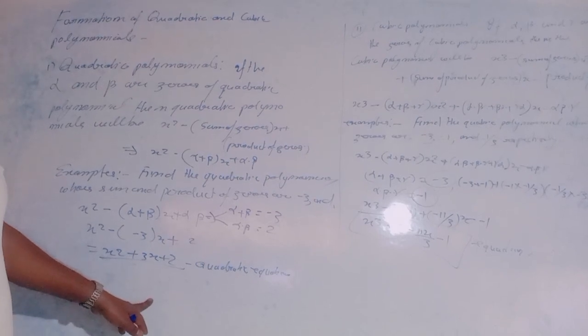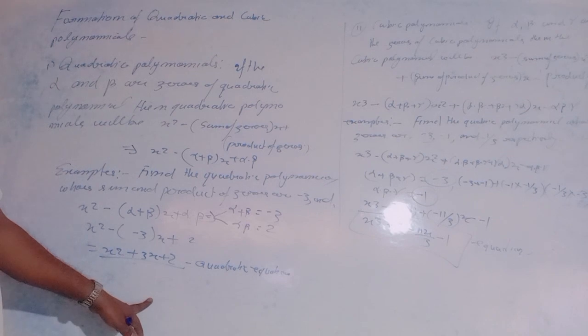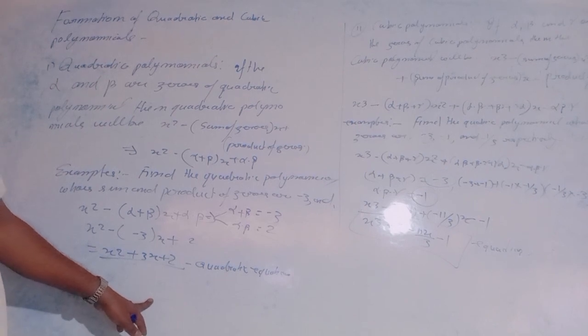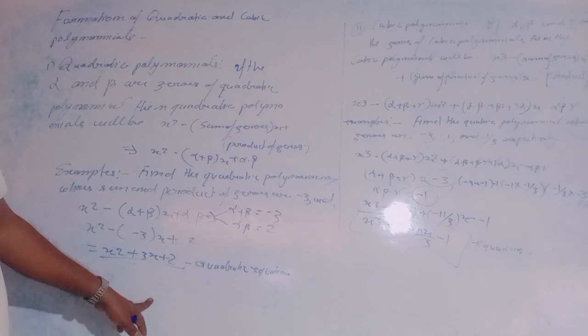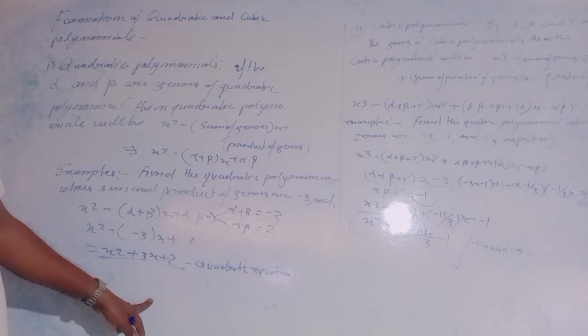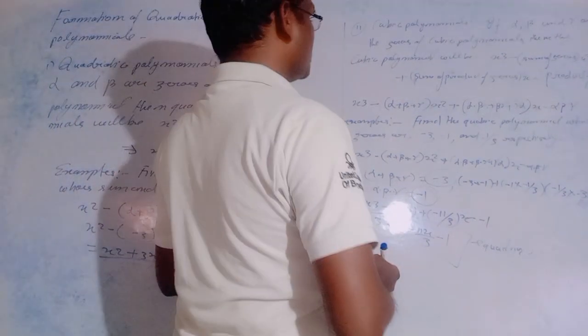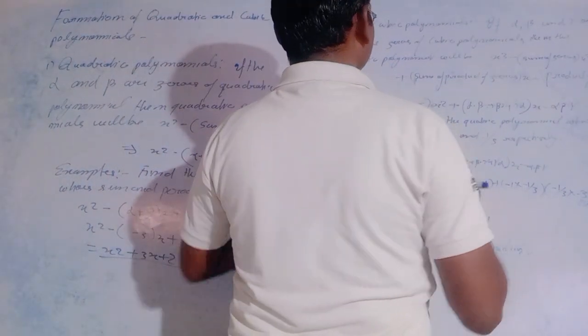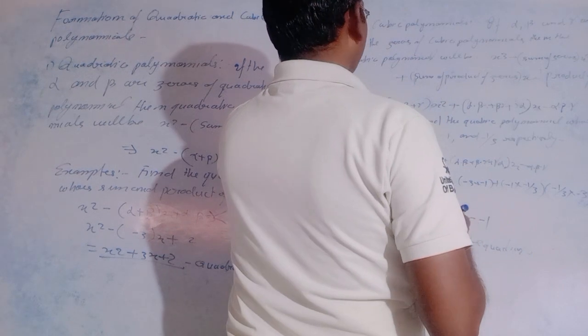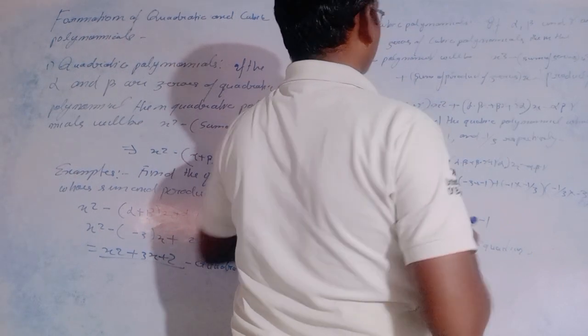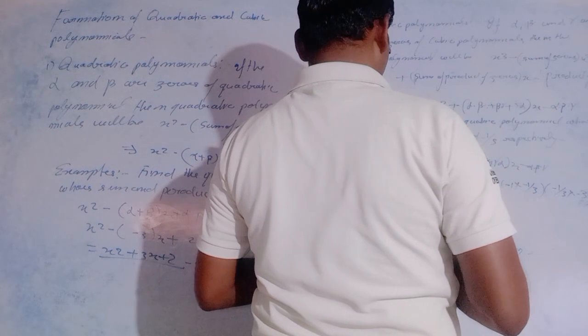So we have the sum of the zeros and the product of zeros, and x cube minus 5 by 3 into x square. If we calculate, according to this we will find all the values of alpha, beta and gamma.